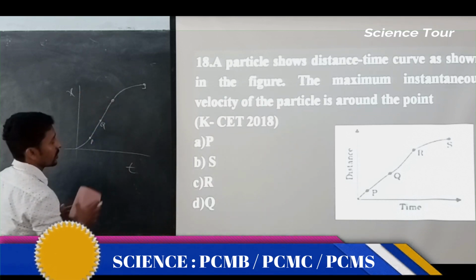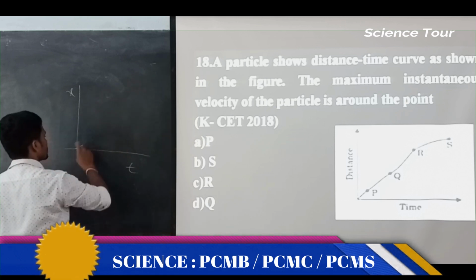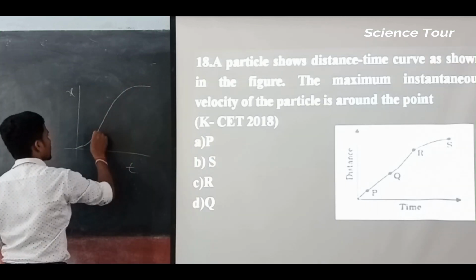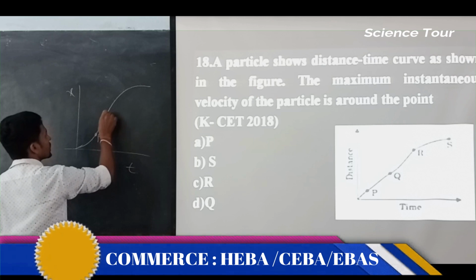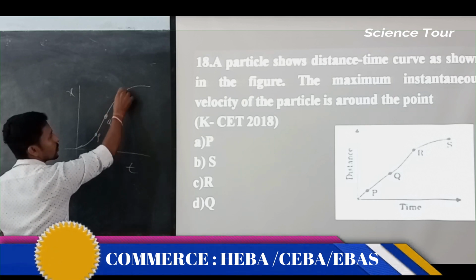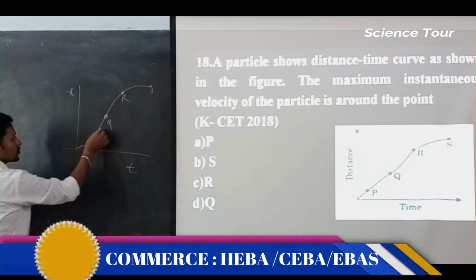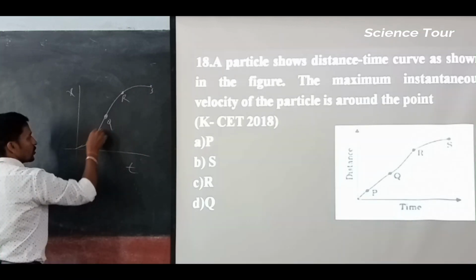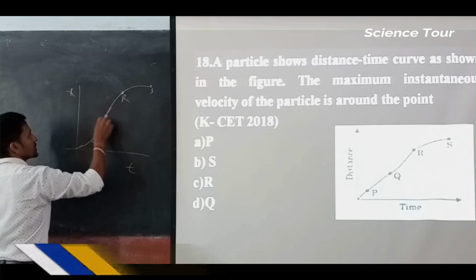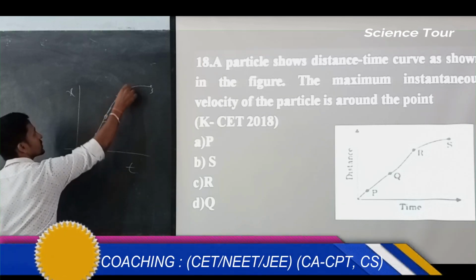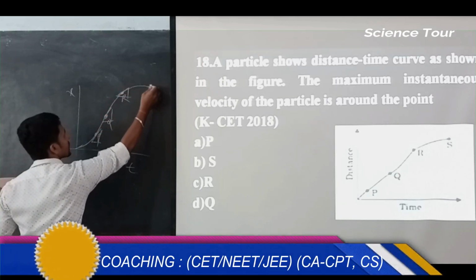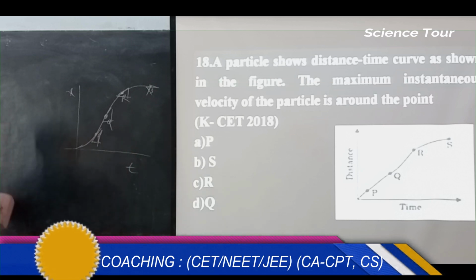How can I find out the instantaneous velocity? Okay, p, q, r. Here you have to draw the tangent and slope, tangent and slope, tangent, here no slope, okay.